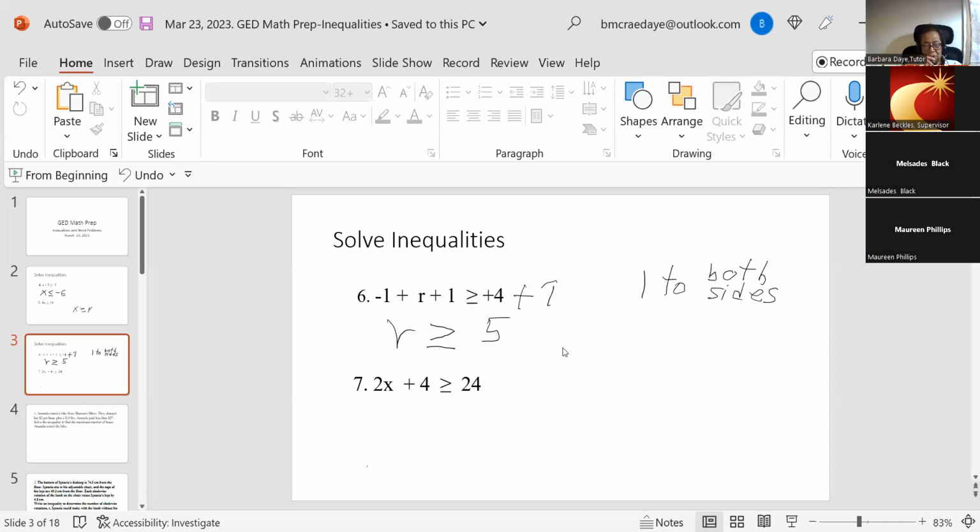Keep going. I want you to just tell me an answer here. Mercedes, you doing it? Got an answer? Yeah, 20. I want a whole answer there. X greater than or equal to what? Okay, so I put X is greater or equals, right? Greater than or equal to what? 20.